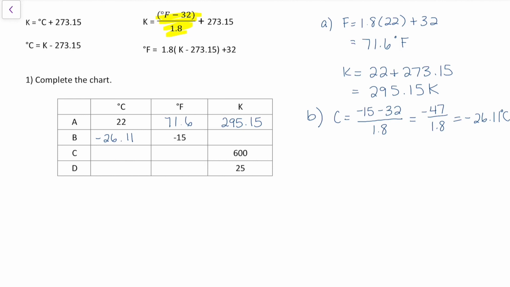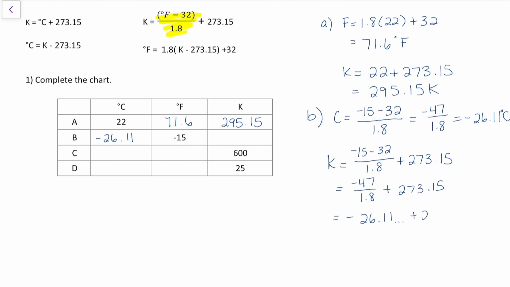And then to go to Kelvin, let's do the Fahrenheit to Kelvin conversion so you can see that one work out. We're going to take our Fahrenheit, which is negative 15, do minus 32 over 1.8, and then add 273.15. So we get negative 47 over 1.8 plus 273.15, or negative 26.11111 plus 273.15.